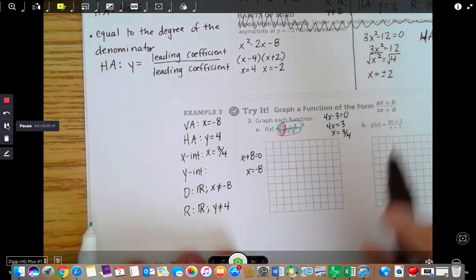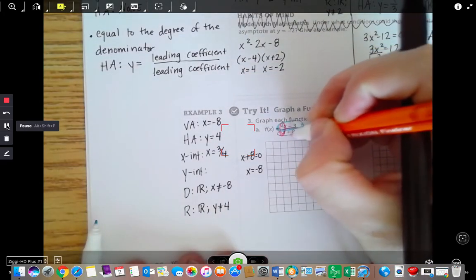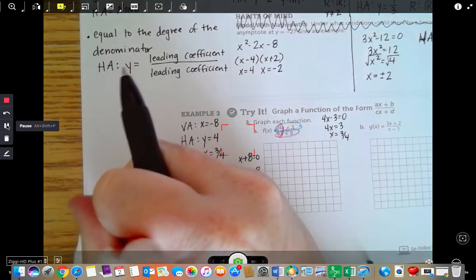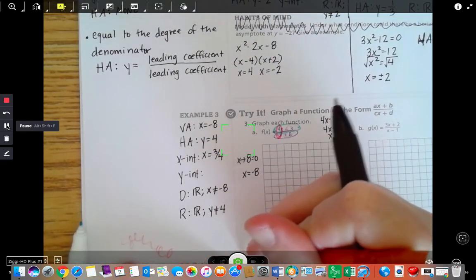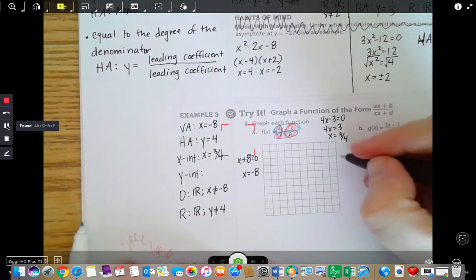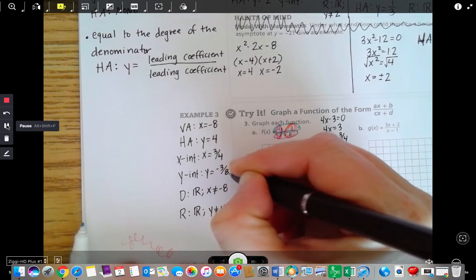And my y-intercept comes from my back two numbers, which is -3 over 8. So y is equal to -3 over 8.